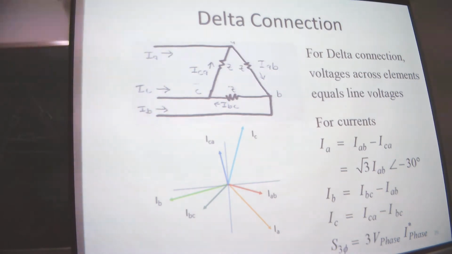This source side is also a triangle, so there's a delta here and a delta here.